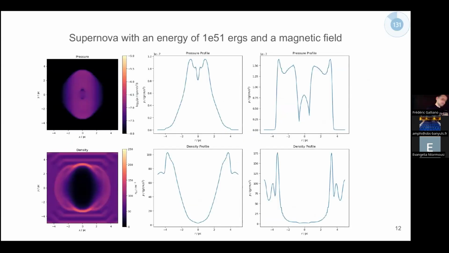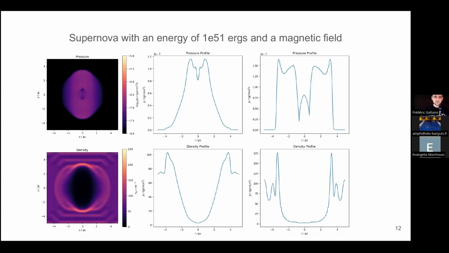However, we have a third simulation. This has a magnetic field. This simulation has a magnetic field of arbitrary strength because I couldn't figure out the units. As you can see, this actually differs in the profile and also in the shape of the whole supernova.